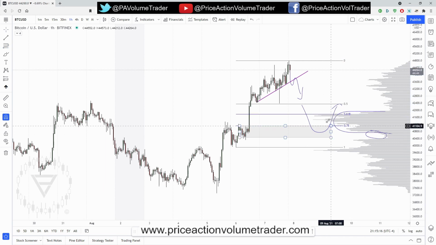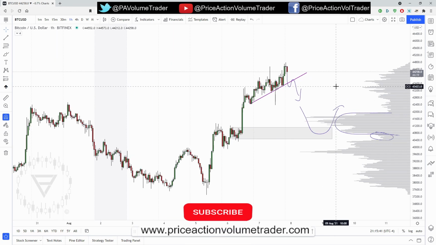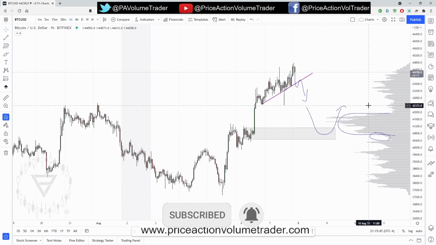You can see how the gap fill would be exactly a 75% pullback on this whole leg up, on this rotation up that we had from this swing low to the high over here. But again, this is sort of a less official form of confluence I like to use. I like to use more volume profile.